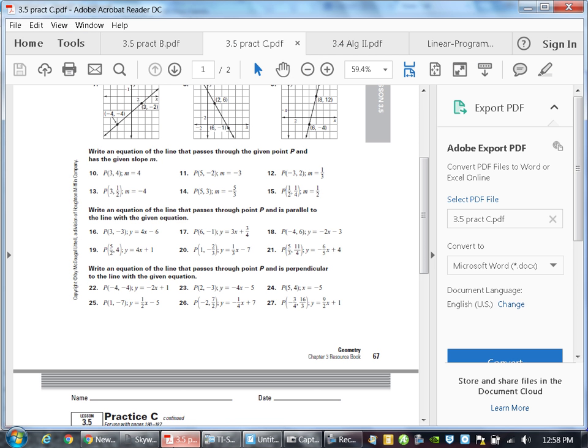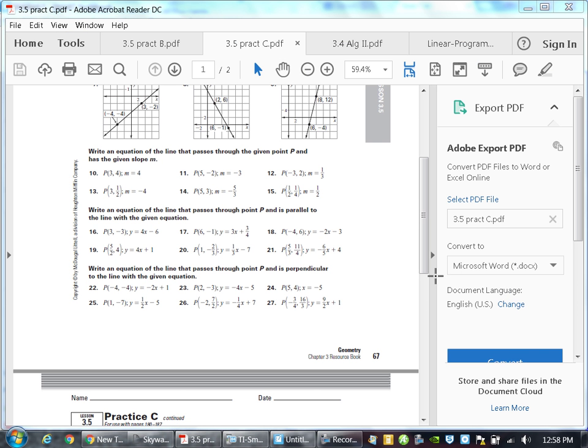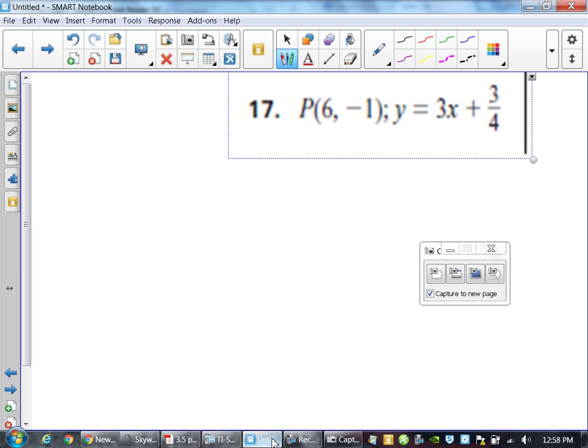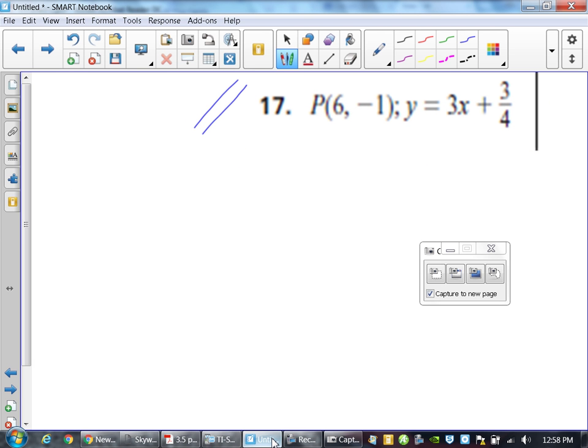For example, remember, instructions will always tell you whether it's going to be a parallel or perpendicular. You just have to remember what to do with the slopes. So if I have the point 6, -1, the equation y equals 3x plus 3/4, and I want to write the equation that's parallel. Really, in essence, we just have to go through the steps.